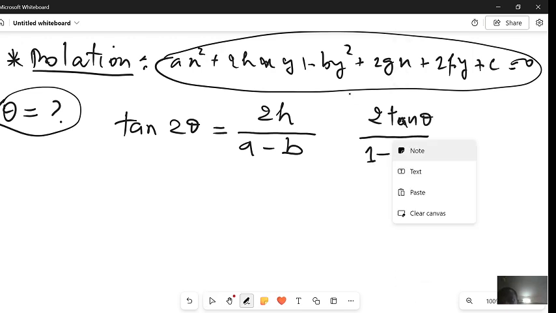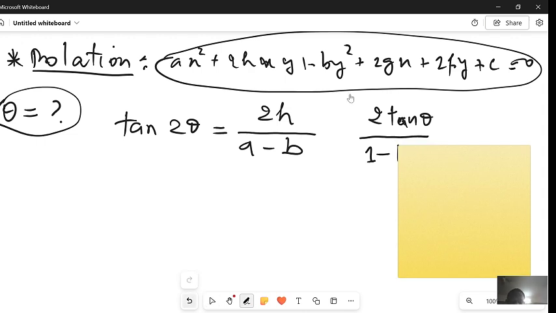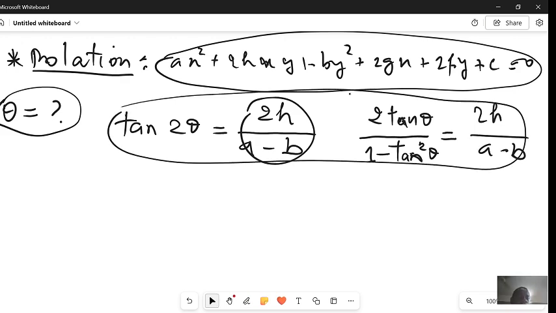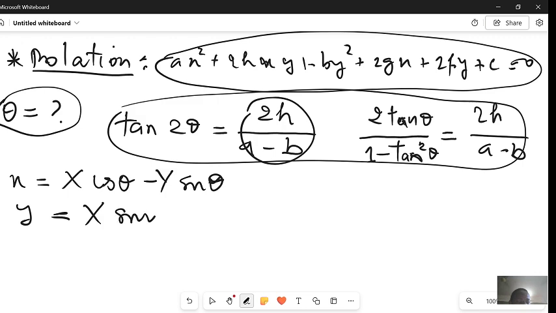That's the formula that I'm going to use to determine the value of theta, 2h over a minus b. So if I determine the value of theta, I can use the equation x equals X cos theta minus Y sin theta, or y equals X sin theta plus capital Y cos theta.